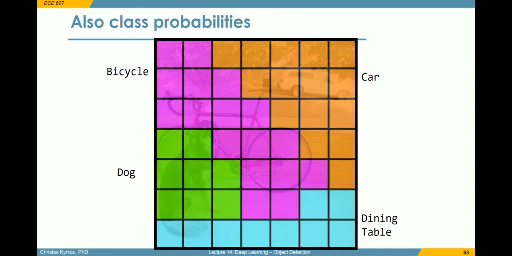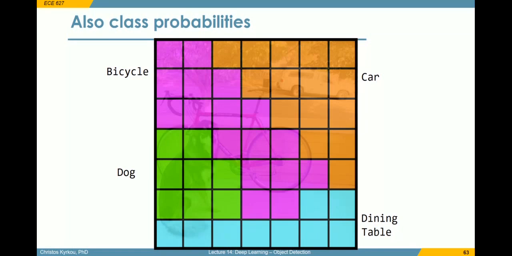Additionally, each cell predicts an object class. So here the color of each cell indicates the class that it predicts. So you see some areas near the car are predicting car, some areas near the dog predict dog, and some areas basically predict something that might not be there. So for example, the grid points near the road may not have any object there, but predict something that might be more prominent in the car class.